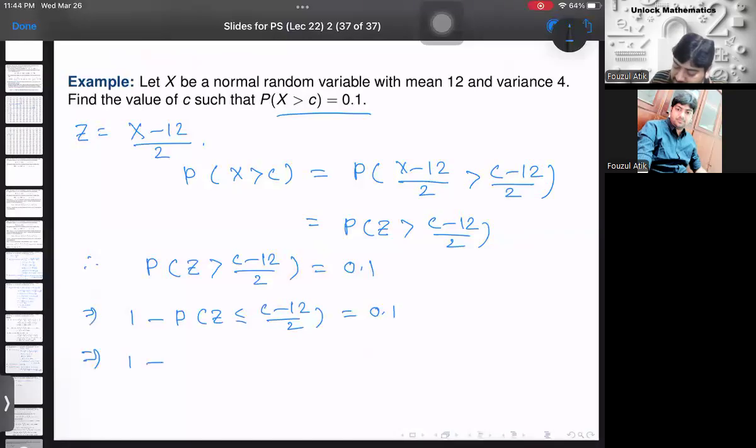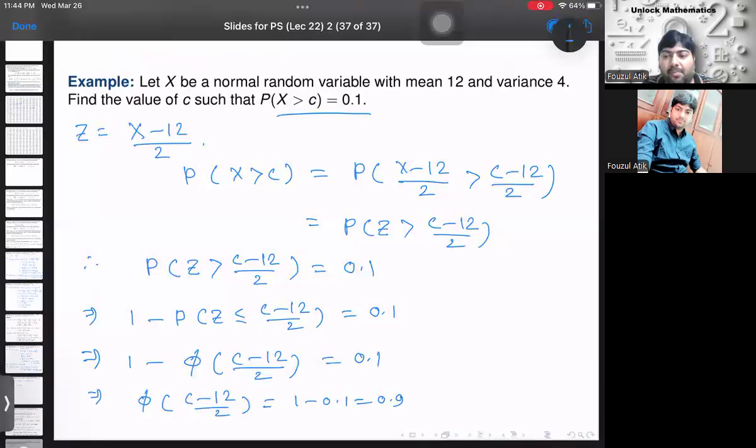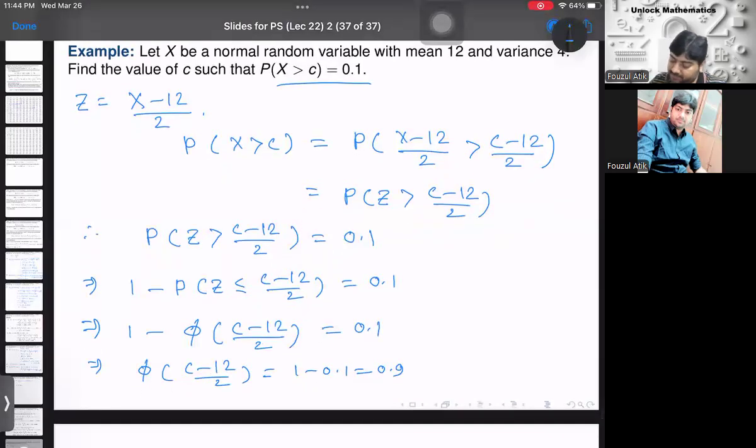But this value is what? 1 minus phi of (c minus 12)/2, which is again 0.1. And therefore phi of (c minus 12)/2 is equal to 1 minus 0.1, which is 0.9. Got it? So what we got is that phi of some value is equal to 0.9.